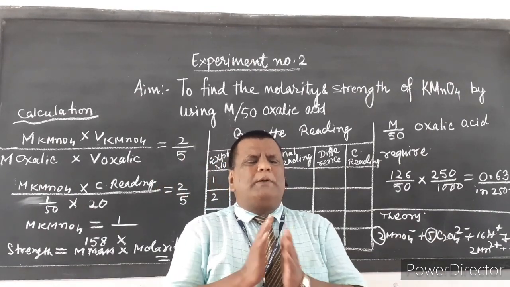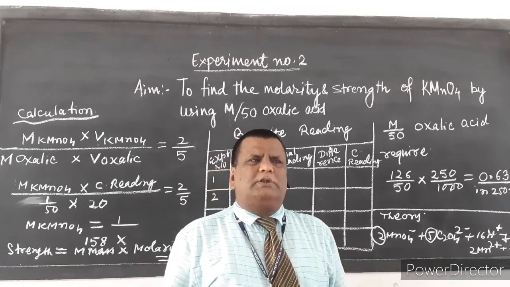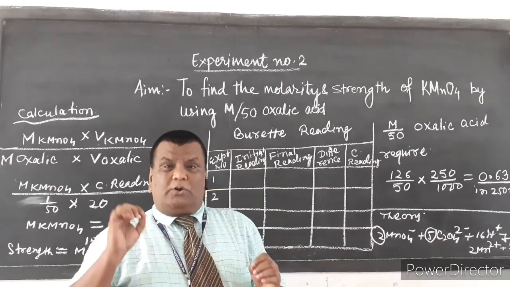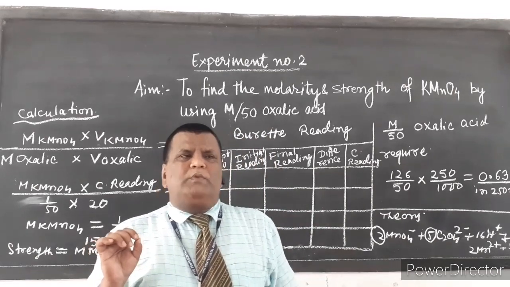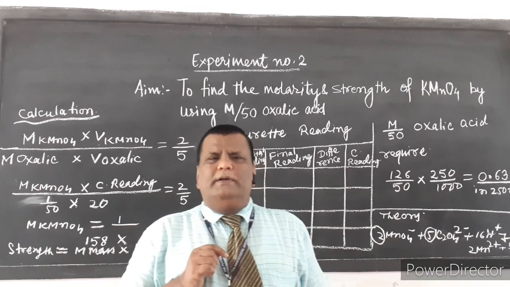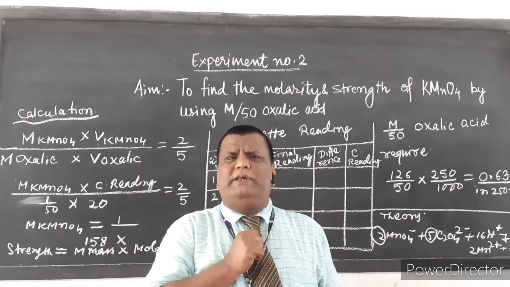So after preparing the oxalic acid solution, we must go to the procedure of how to perform the experiment. Titration is the process of finding the strength of one solution by using the strength of another solution whose strength is known.